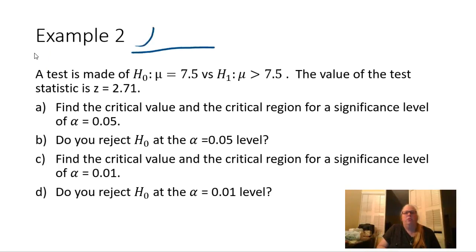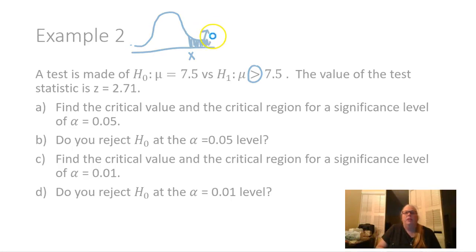We sketch in our normal curve. We're trying to find this number here so that the area to the right of it, and I know I want the area to the right because I have a right-tailed test here, is 0.05.